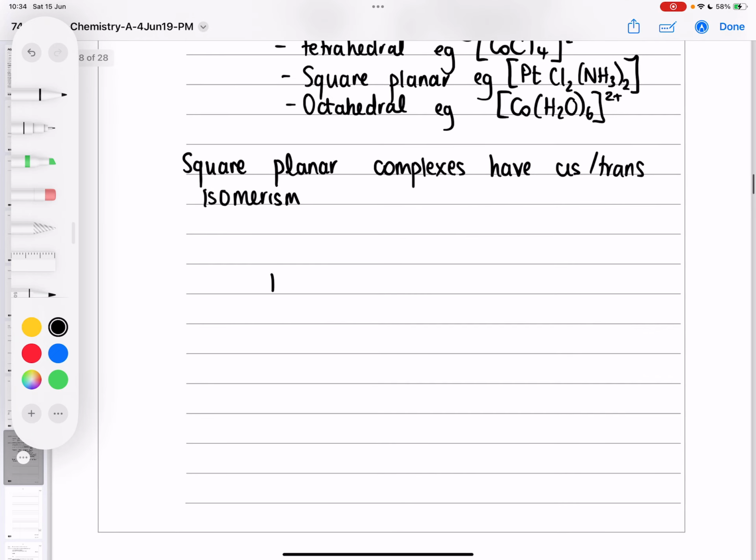So I'm going to draw platinum in a square planar shape, with the wedges and the dashes showing the ligands arranged square planar around the platinum. And I'm going to put my chloride ligands together 90 degrees apart and my ammonia ligands together 90 degrees apart. And that would be the cis isomer.